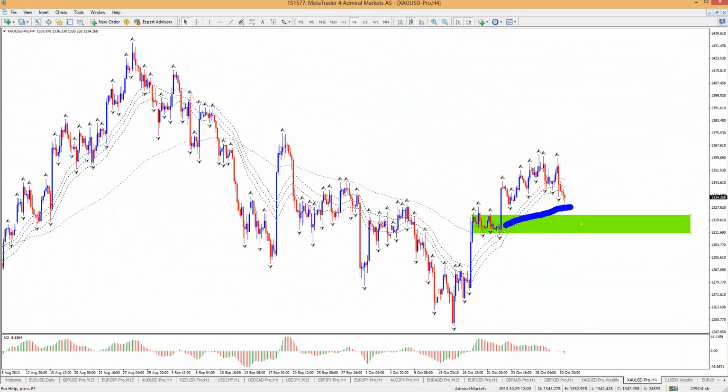We also have a long-term moving average. So that could be a bouncing spot there.